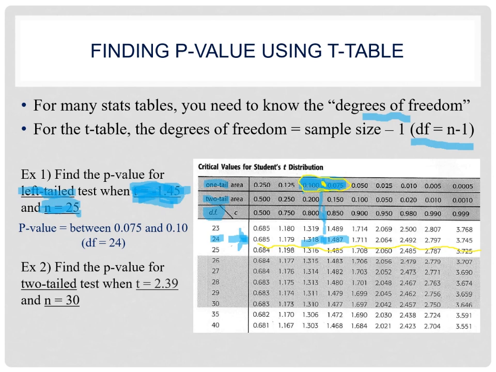All right, before I do the next one, I just want to tell you a few more small things. For example, what happens if you have a number like 0.5? Let's say your test statistic was 0.5 and you were over here.